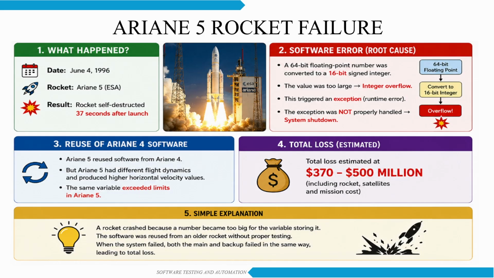So the system could not handle the situation and it got shut down. Because of this, we got a financial loss of around 372 to 500 million dollars. So from this we can understand why software testing is very important.